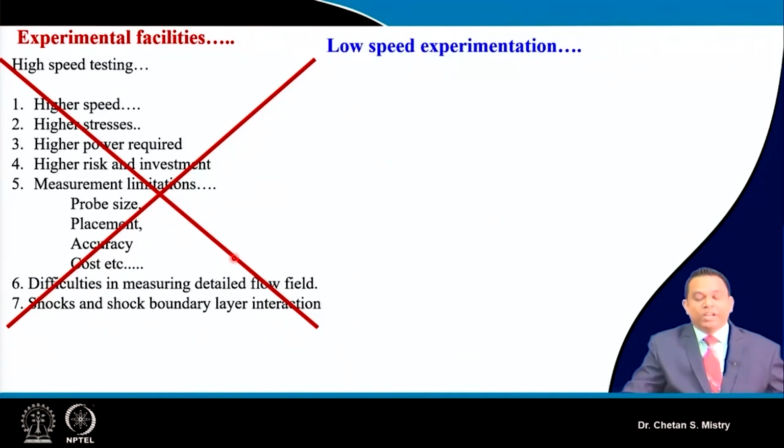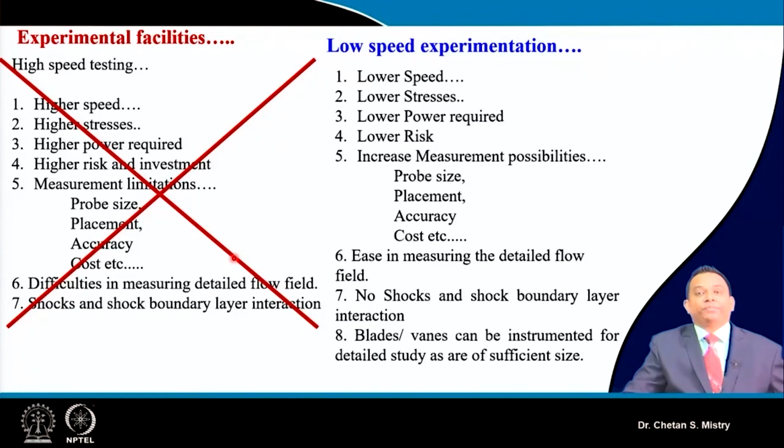What is the solution? We need to go with low speed experimentation. When we say low speed experimentation, my rotational speed will be lower, so we will have lower stresses. Power requirement will also be less, and our risk factor is less compared to our high speed configuration.